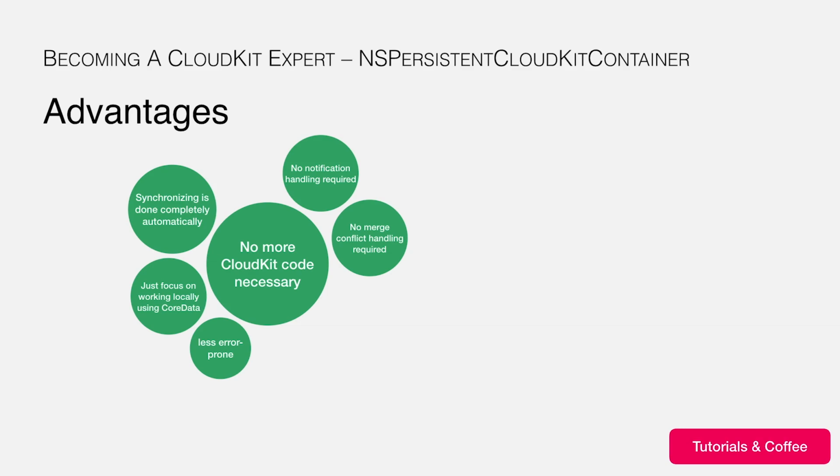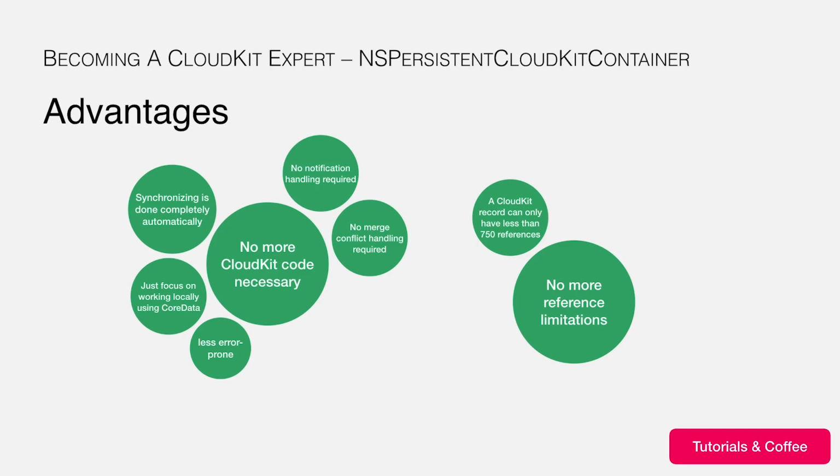A CloudKit record cannot have more than 750 references. And that's kind of funny, because Apple solved that limitation by using their NSPersistentCloudKitContainer. And how did they do it? They did it this way.